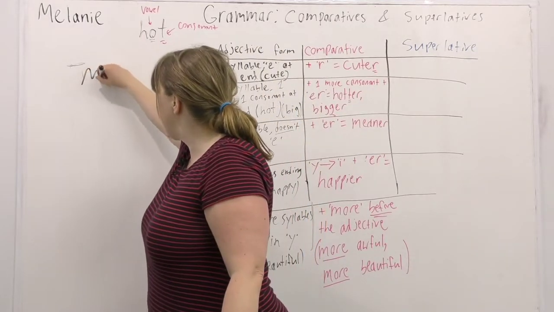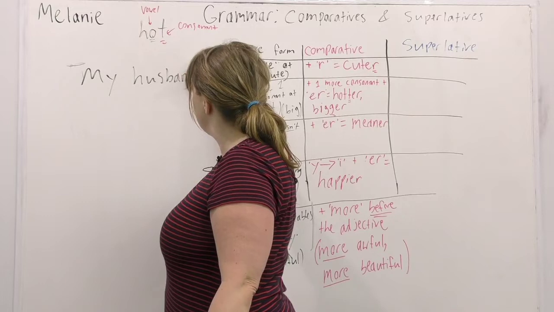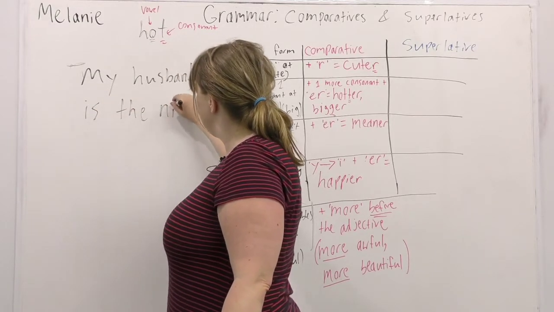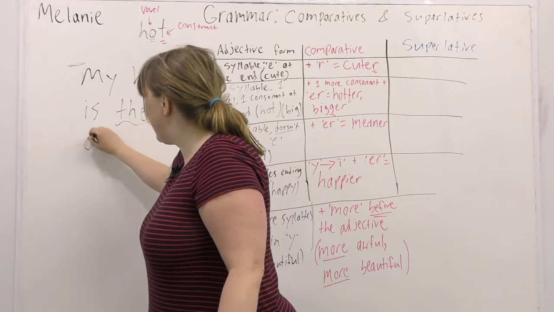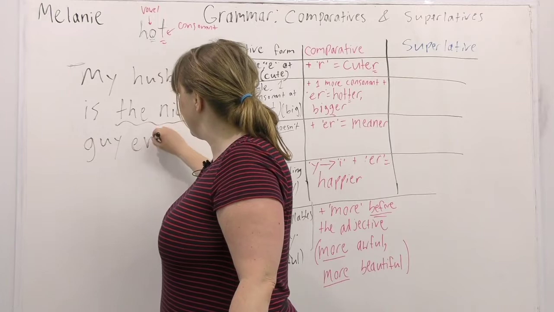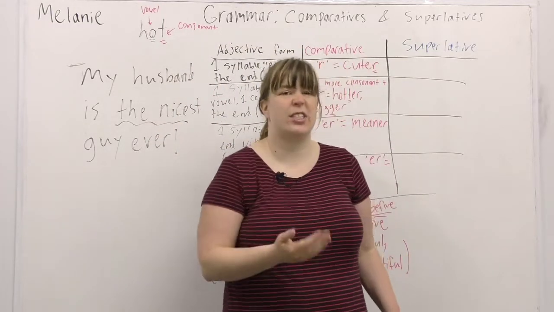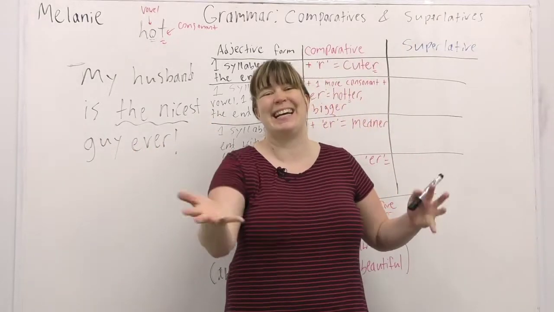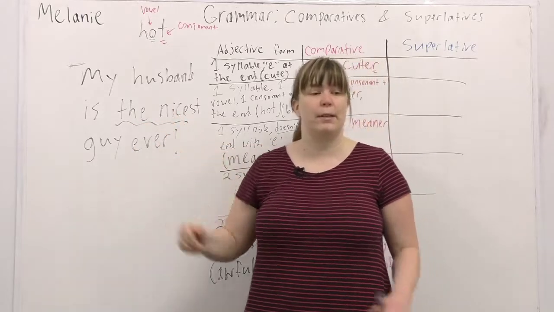All right, humble brag. My husband is the nicest guy ever. All right. So, this is just like maybe I'm biased because he's my husband, but he is a very nice guy. So, this is the superlative form.